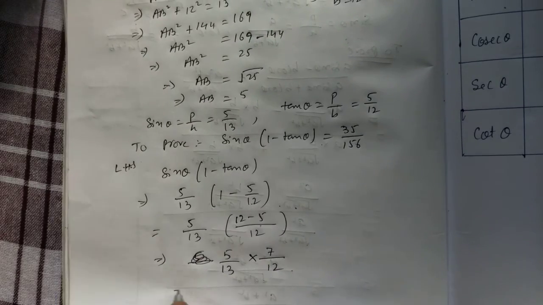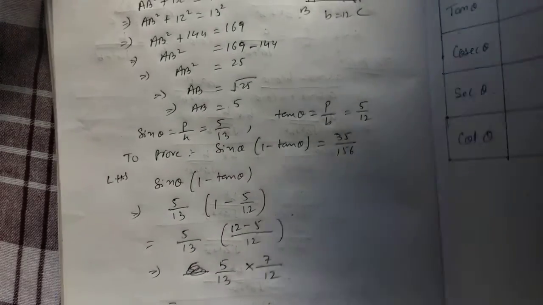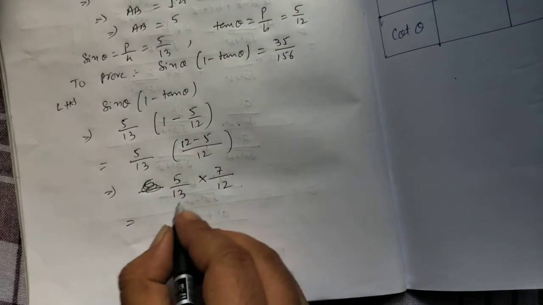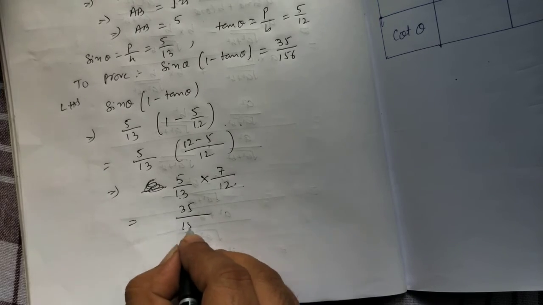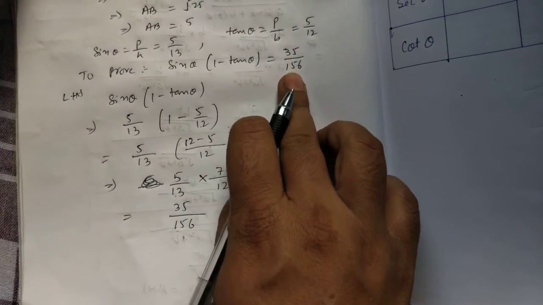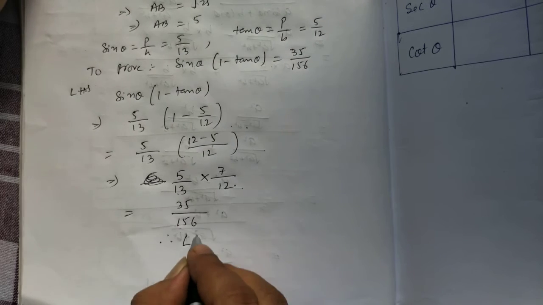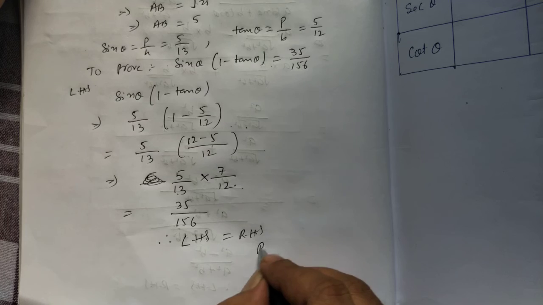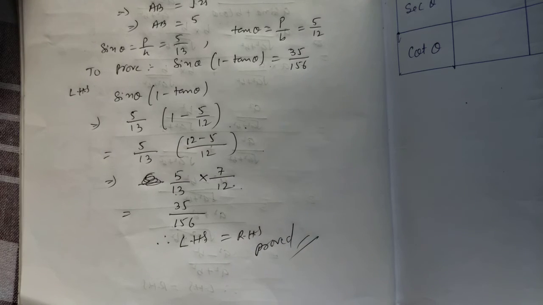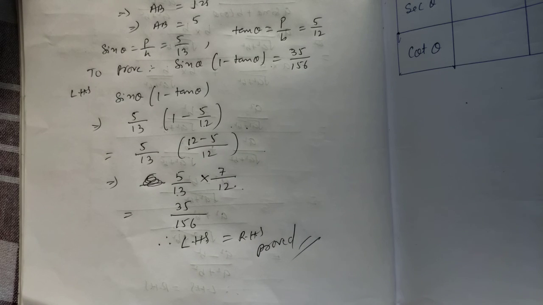Now if you multiply 5 into 7 is 35, and 13 into 12 is 156. See the answer, it's matching. We can write therefore LHS equal to RHS, hence proved. Here you can pause the video to write the solution. Thank you.